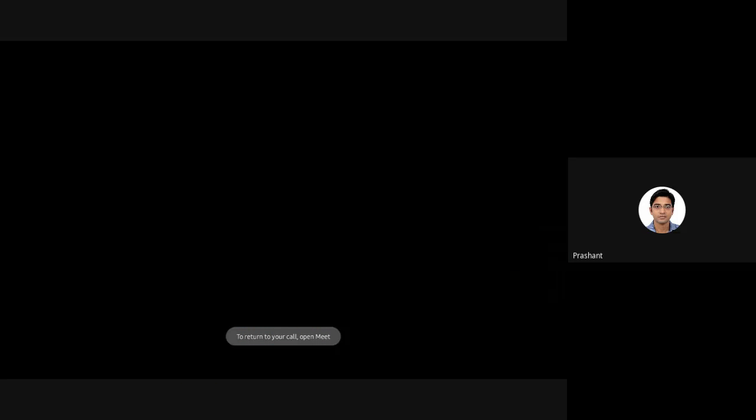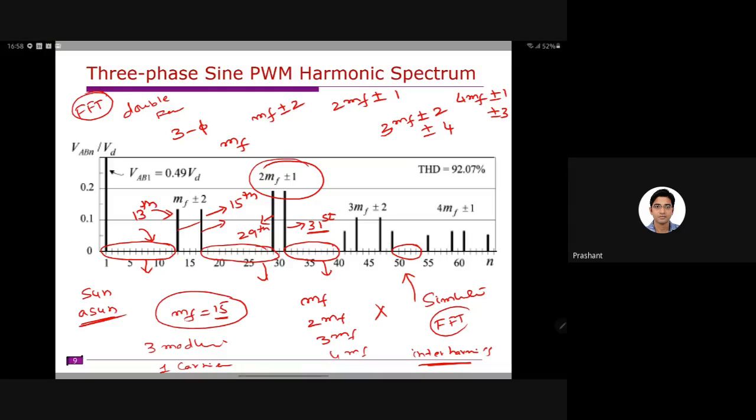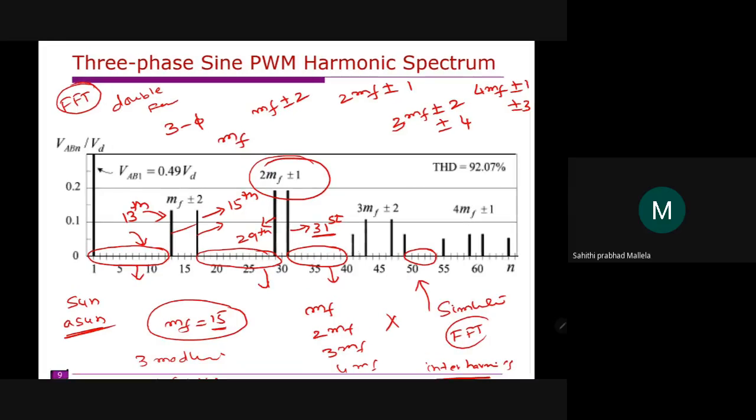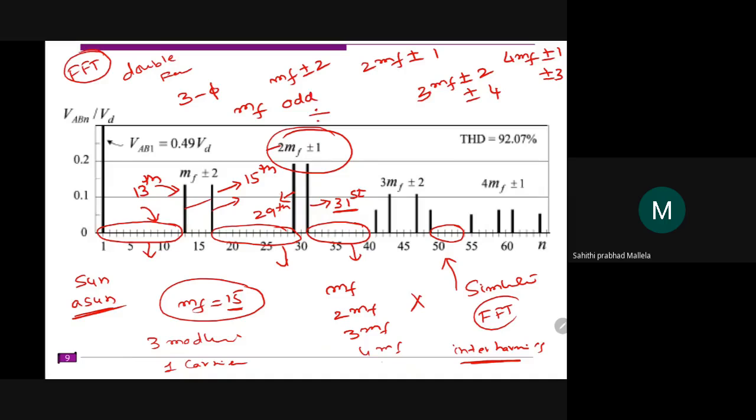So in case of three phase, this MF should be odd, and divisible by 3. Okay, this MF should be odd and divisible by 3.